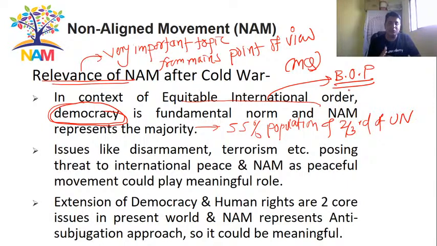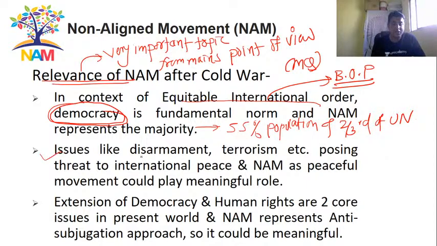In democracy we respect the life of the individual, along with the sovereignty of any particular country. Clear? So to maintain BOP, it requires democracy, and NAM represents democracy.